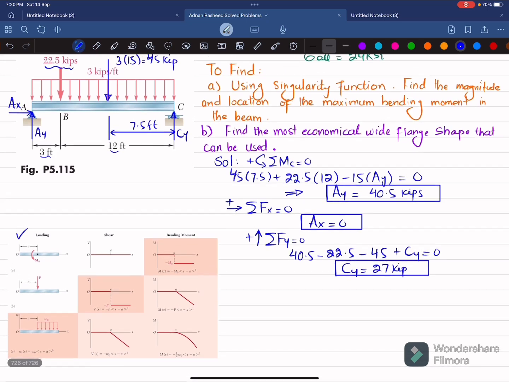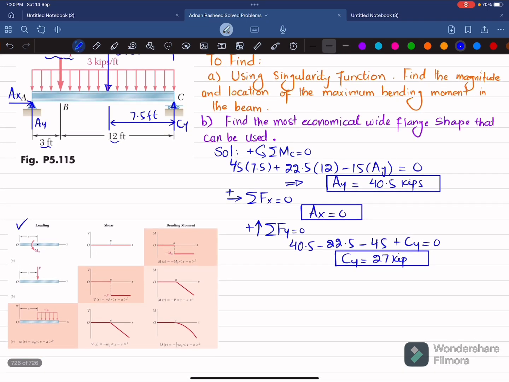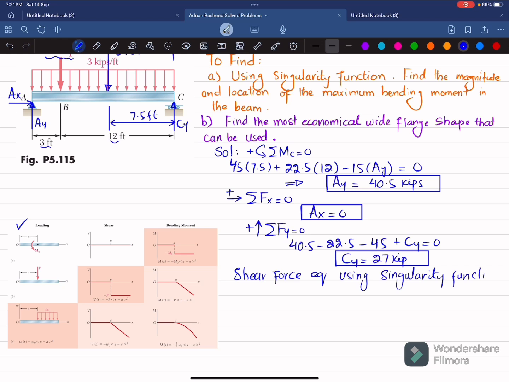You can see, I will write the shear force equation using the singularity function. Starting from the left side, you can see we have a vertical reaction force, which is AY, and for the point load, the load is acting downward.